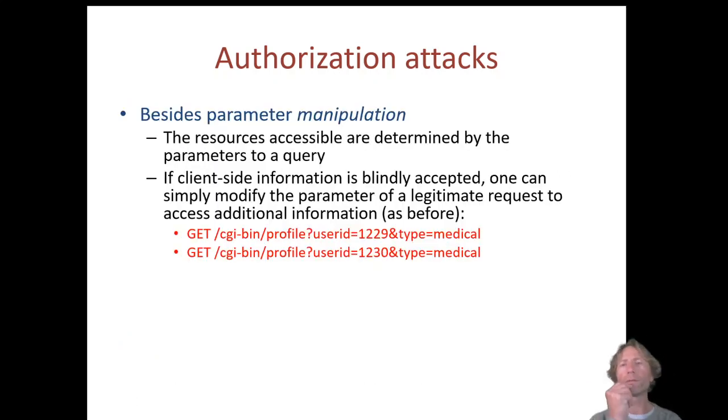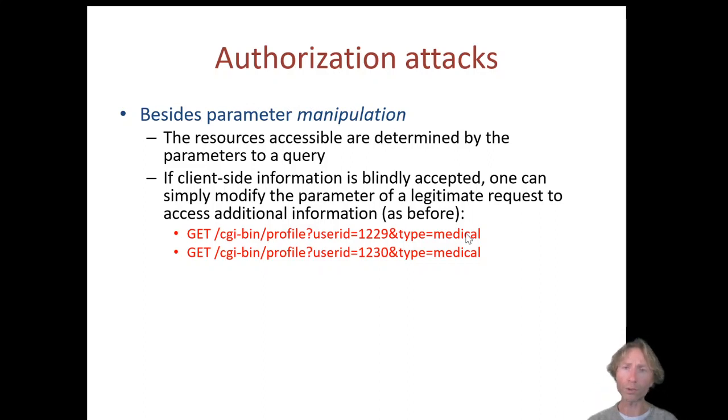So what we've seen so far is parameter manipulation, right? So you have the situation where the untrusted client's information is simply accepted by the server, and therefore the client could try to modify a query, for instance, changing the user ID or maybe changing the type of information that you're asking for. But maybe that is not successful because you may not have access to certain things.